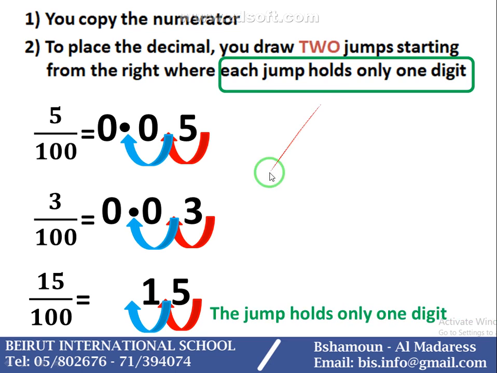So as you can notice, the first jump holds only the digit 5, the second jump holds only the digit 1, and you place the 0. Now we only interfere so that this space doesn't stay empty, and we add one extra 0 and not two extra zeros as in the previous examples.